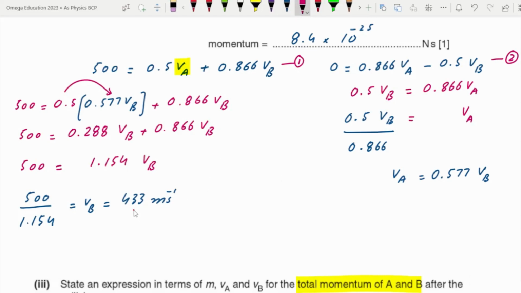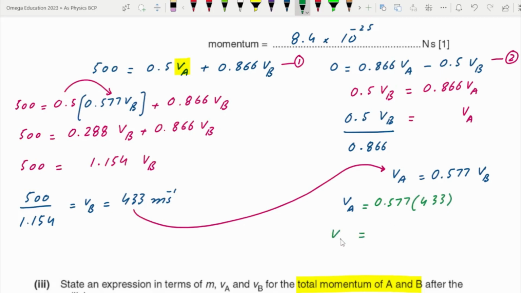Just put this value of VB over here, in the easiest equation. So VA equals 0.577 times VB, which is 433. It would be decreased. So VA equals to what? 250. So VA equals 250 meter per second.